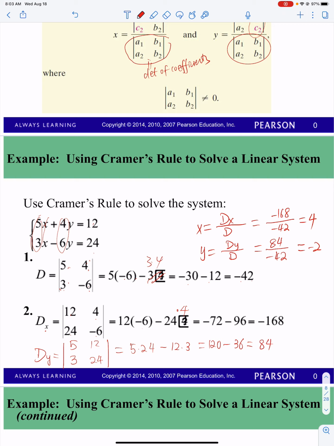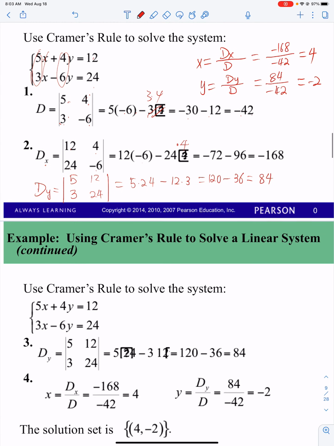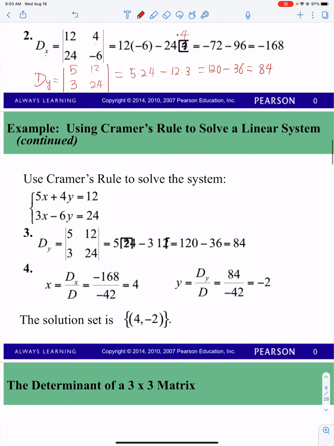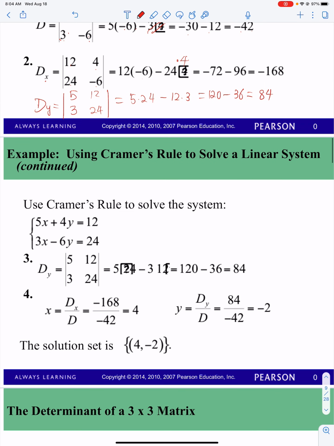This is how your calculator works. How do you think your calculator can help you solve equations? It's about all these rules that we constructed. On the back end, they have already used Cramer's rule to give you the solution. So we have already got it: x is 4, y is negative 2.